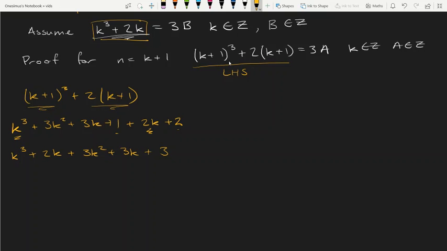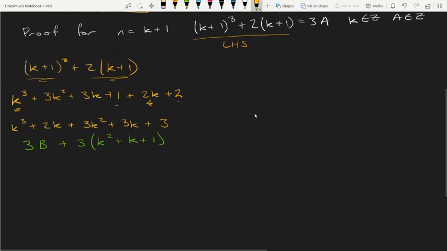Alright, now we can compress these together because we know that k cubed plus 2k is equal to 3b. So we can write this as 3b plus, well, the second half of this can have 3 factored out of all the terms: 3 times k squared plus k plus 1. And as we continue, we can substitute this back in to equal our 3a term over the right hand side.